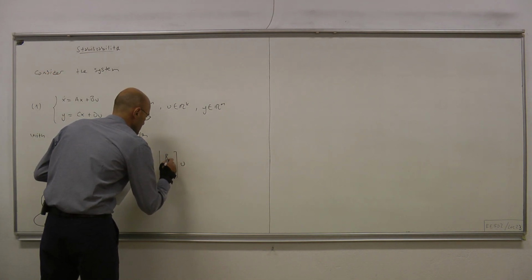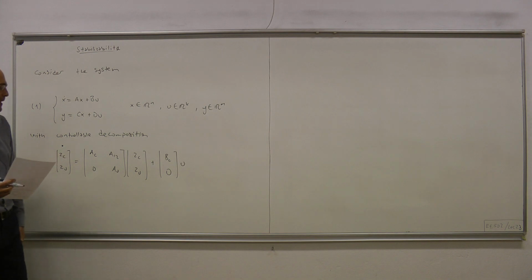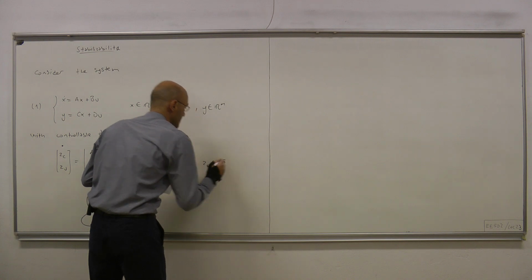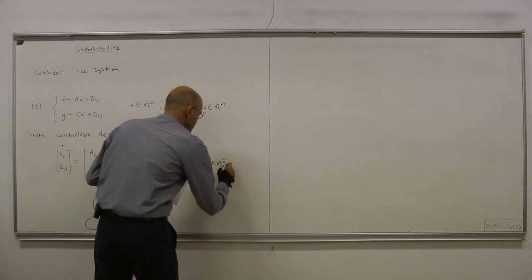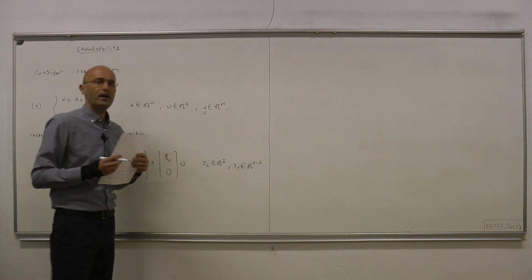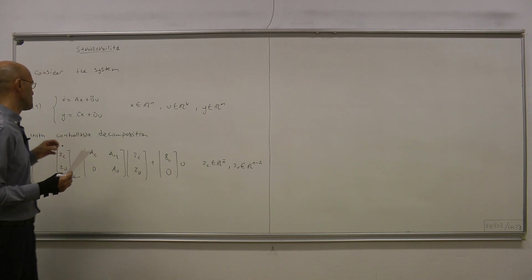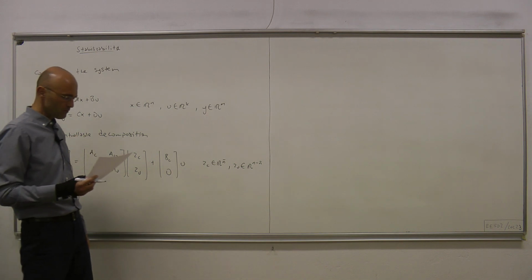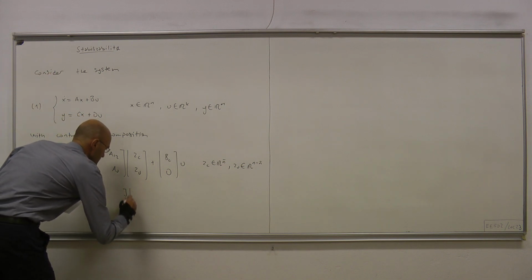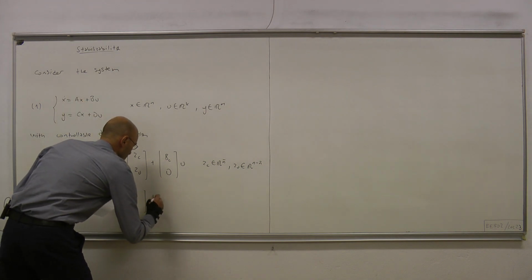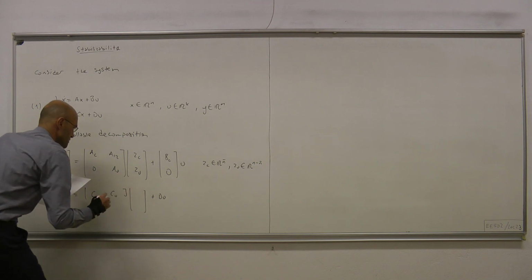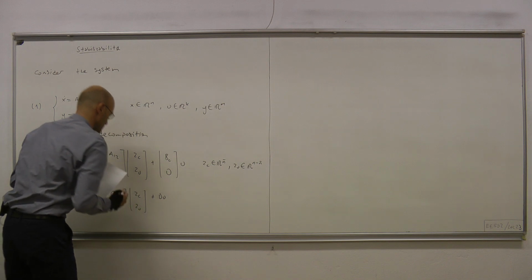And the new B matrix has the following special structure: B_C and 0, where Z_C is in R^n bar and Z_U is in R^(n minus n bar), where n bar is the dimension of the controllable subspace of this system. Similarly, we can write for the output y equals C_C, C_U times Z_C, Z_U, plus Du.